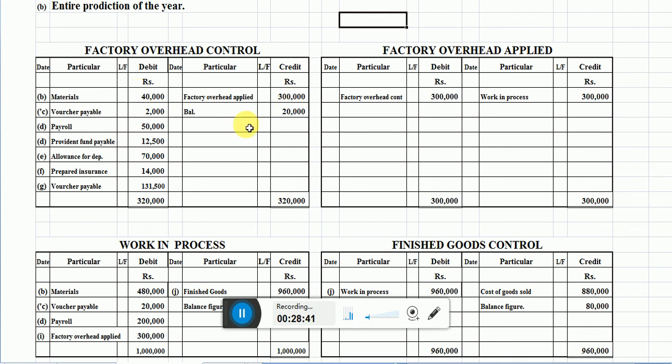The balance figure is 20,000 rupees, which means that the factory overhead is underapplied. It means that the actual expenses are more than the applied factory overhead.